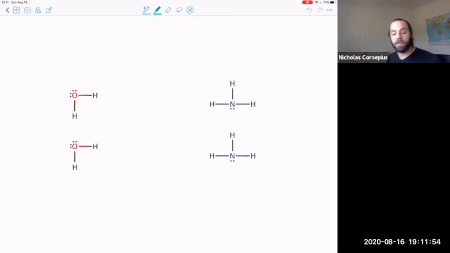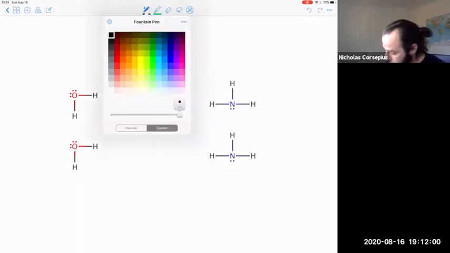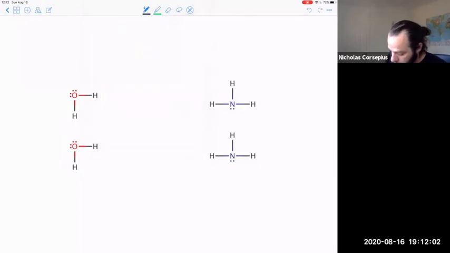So the number of hydrogens is important, but the most important factor is the strength of this bond here in terms of the difference in electronegativity. Okay, let's just take a second to pick apart the anatomy of a hydrogen bond real quick. Obviously, hydrogen's a key player, as I mentioned.